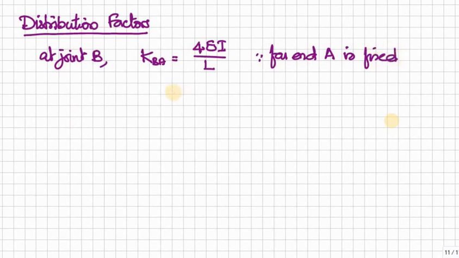So we have another member meeting at joint B, which is BC. Here I for BA is 3 times I. We have to be very careful. So 4E into 3I divided by L, which is 6 meter, is equal to 2EI.